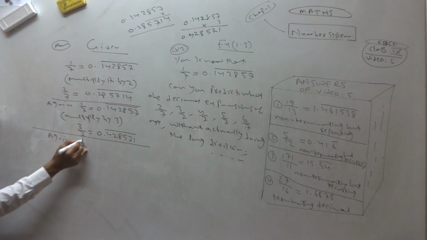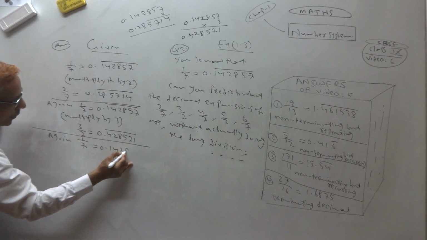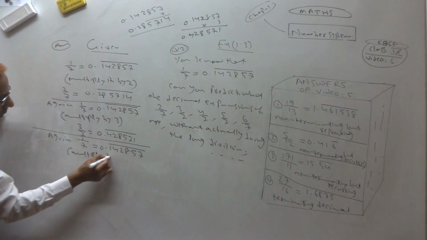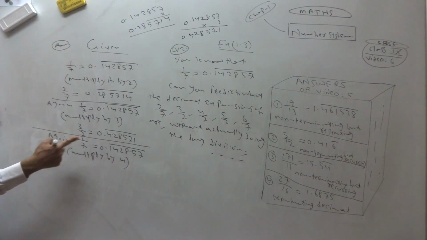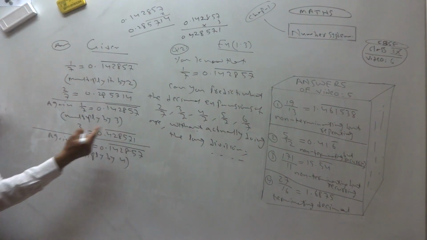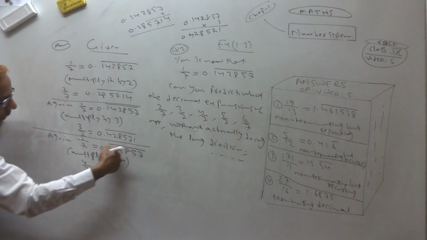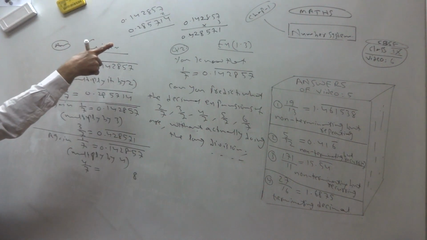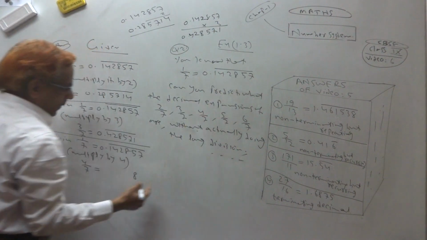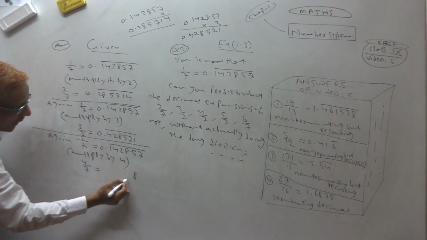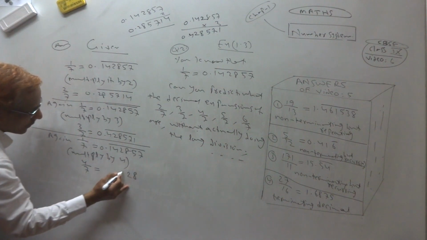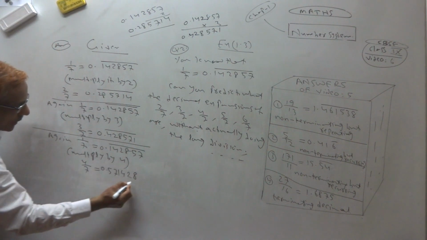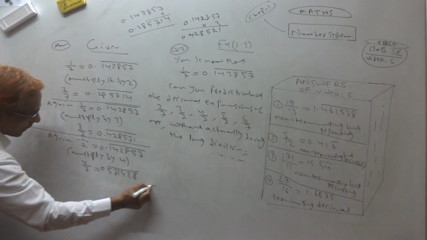Yes. Again 1 by 7. You always write 1 by 7 is 0.142857. This is there. Now multiply by what? 4. See, when 1 by 7 is known, how you get 4 by 7? Multiply by 4. So you get 4 by 7, 4 into this. Same way. Multiply by 2, multiply by 3. Now multiply by 4. Yes. See, I can multiply directly. Yes, see, I am getting this answer. But we should put bar.